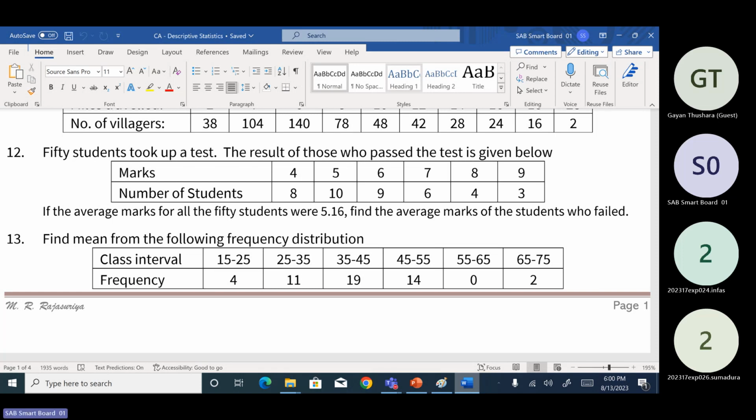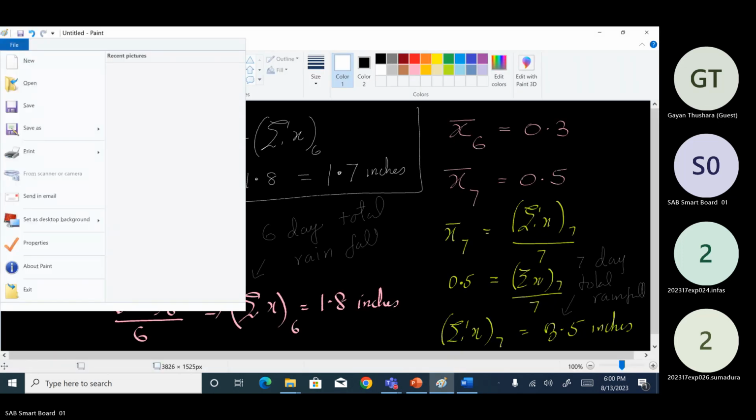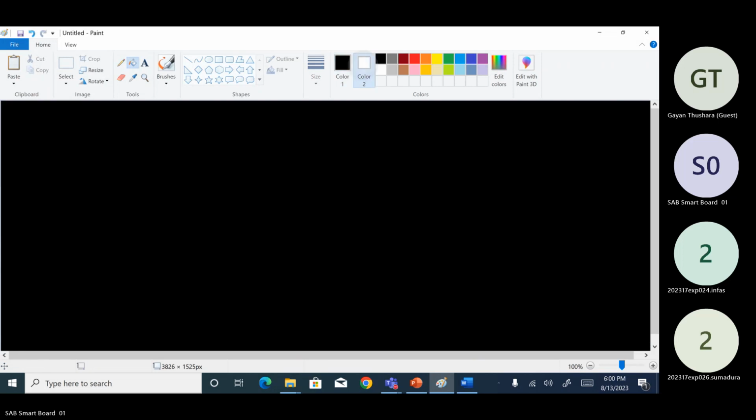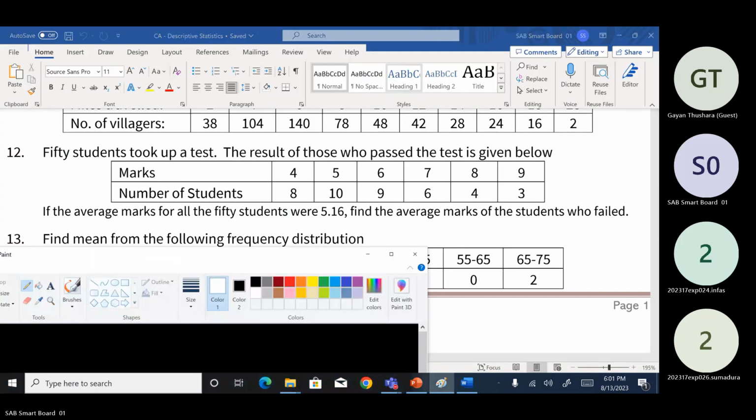The data, let me copy the data. 5, 6, 7, 8, 9, 6, 4, 3.